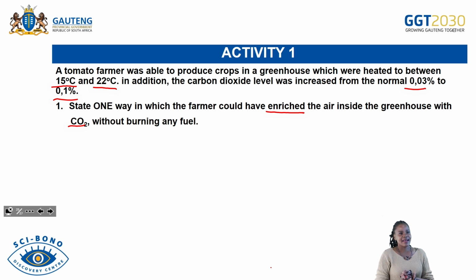I'm waiting for the answer, grade 11s. How could the farmer have enriched the air inside the greenhouse with carbon dioxide without burning any fuel? We know that burning fuel also increases the concentration of carbon dioxide. Without burning fuel, what else could the farmer have done to increase the concentration of carbon dioxide in the air? Yes, baby girl.